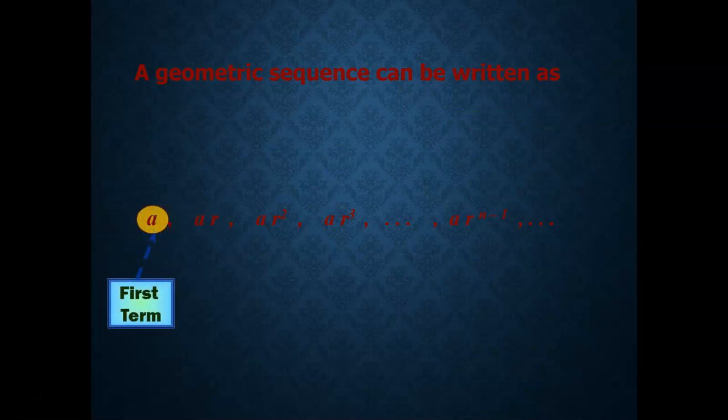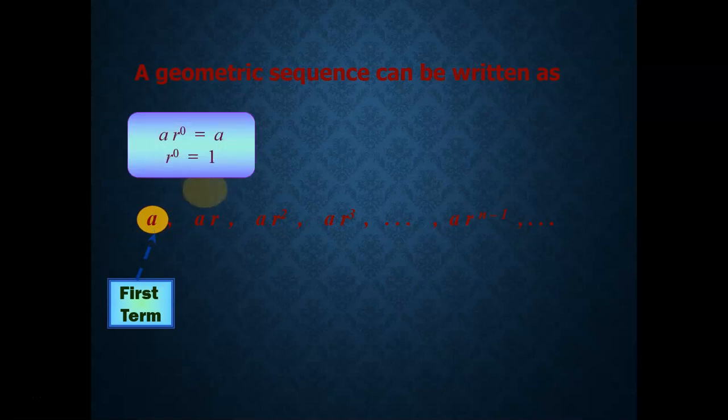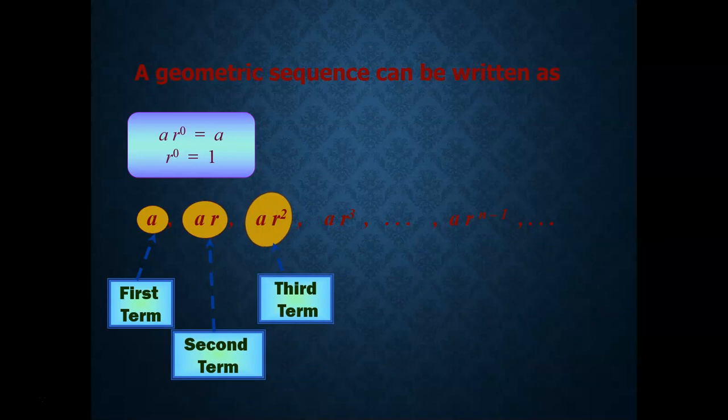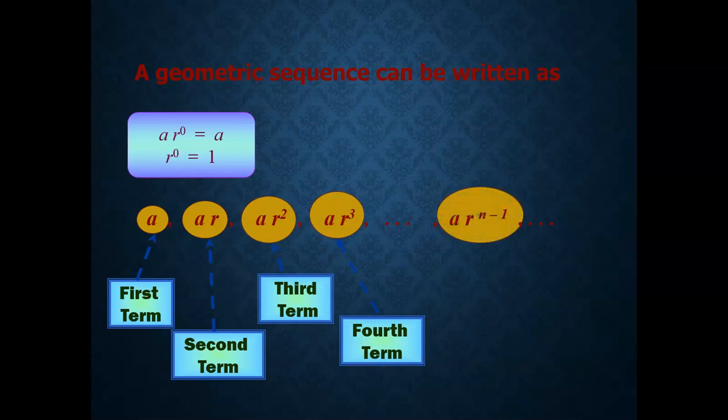Here, a is still known as the first term, whereas r is known as the common ratio. If n equals 1, n minus 1 would equal 0, so r to the power 0 equals 1, and the term would just equal a. That's why the first term is just a. The second term is a multiplied by r. The third term is a multiplied by r squared. And the fourth term would be ar cubed, and so on until the nth term, ar to the power n minus 1.